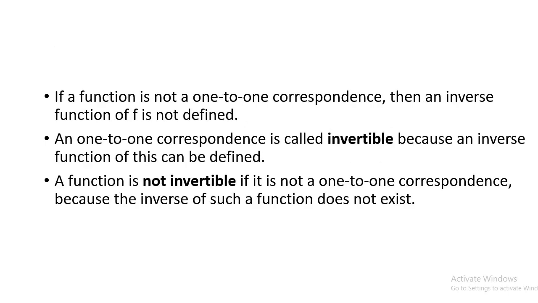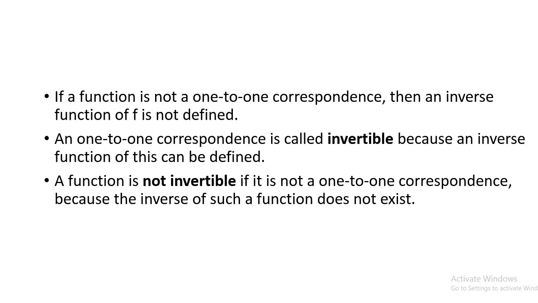If a function is not a one-to-one correspondence, then an inverse function of f is not defined. It means the condition is that the function must be a one-to-one correspondence. Then and only then can we define that function as an inverse function.